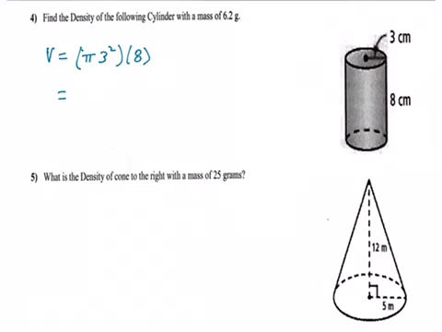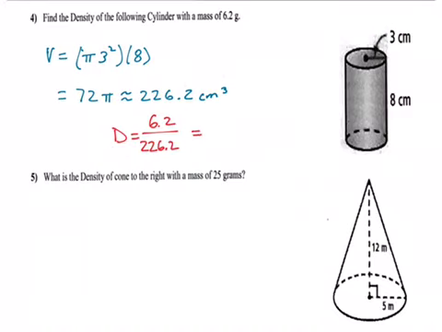So our volume is 72 pi, or right around 226.2 centimeters cubed. Then to find the density, remember we take mass, 6.2, divided by volume, 226.2, and our density comes out to be 0.027 grams per cubic centimeter.